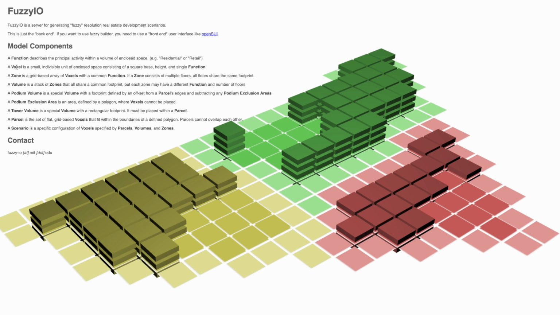So the fundamental unit of this model is something called a voxel, and it's sort of a 3D pixel. It is a cube, kind of like you see here, and it exists in an array of other cubes, and it's always restricted to this sort of grid so that you can, in a way, sketch out a building using these cubes.